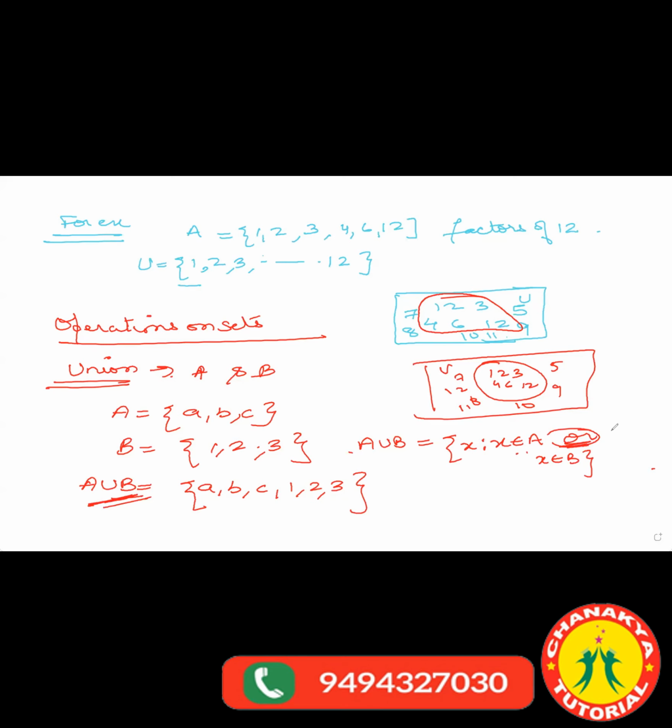Right, beta? Which means x belongs to A or x belongs to B or x belongs to both. Clear, beta? Understood? Union means, for example, see, I am explaining with the help of an example.